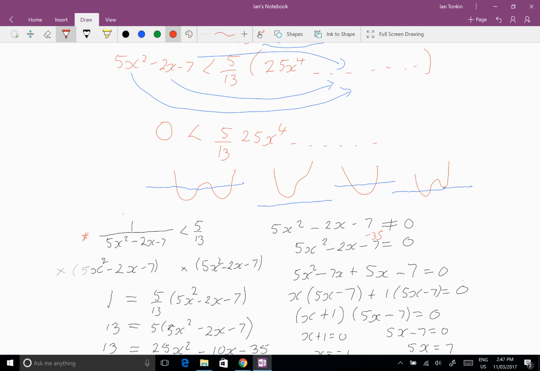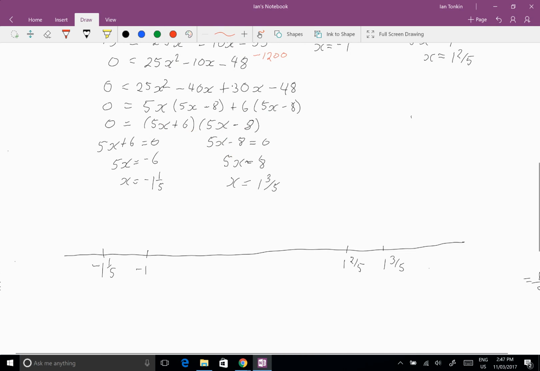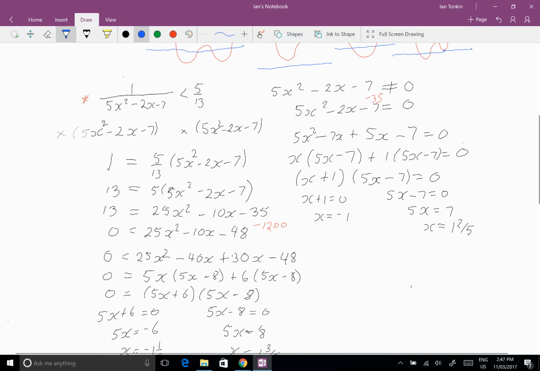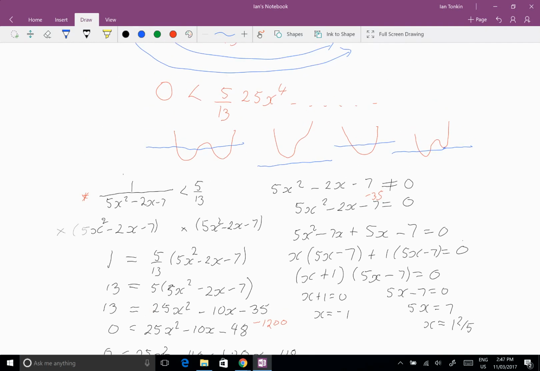So if I go down now, and I know that this positive quartic will have 4 roots, so it'll look like that. And remember, I want the part above. Right? I'll look back at this quartic. Here it is, up here, and I want the part above 0.